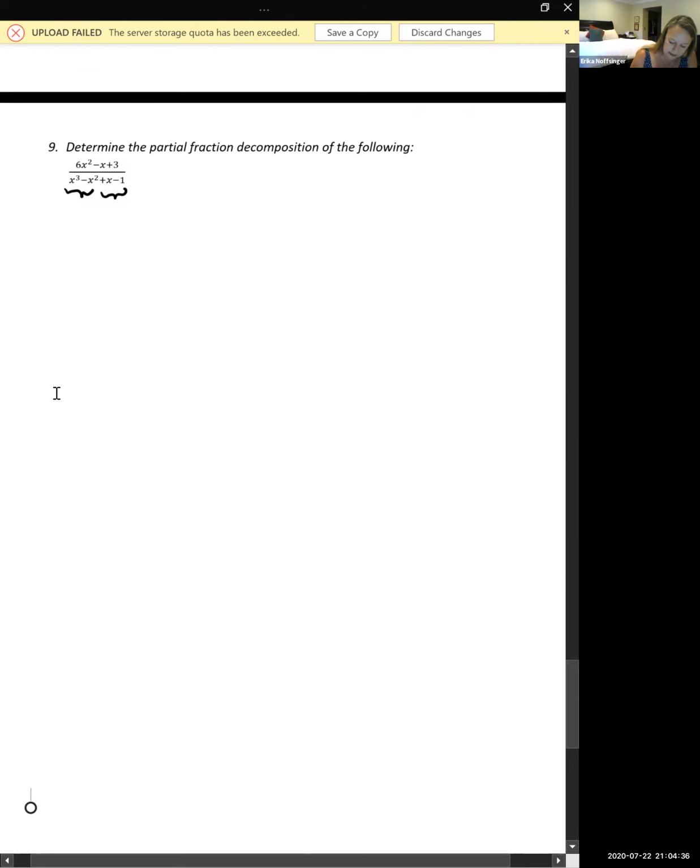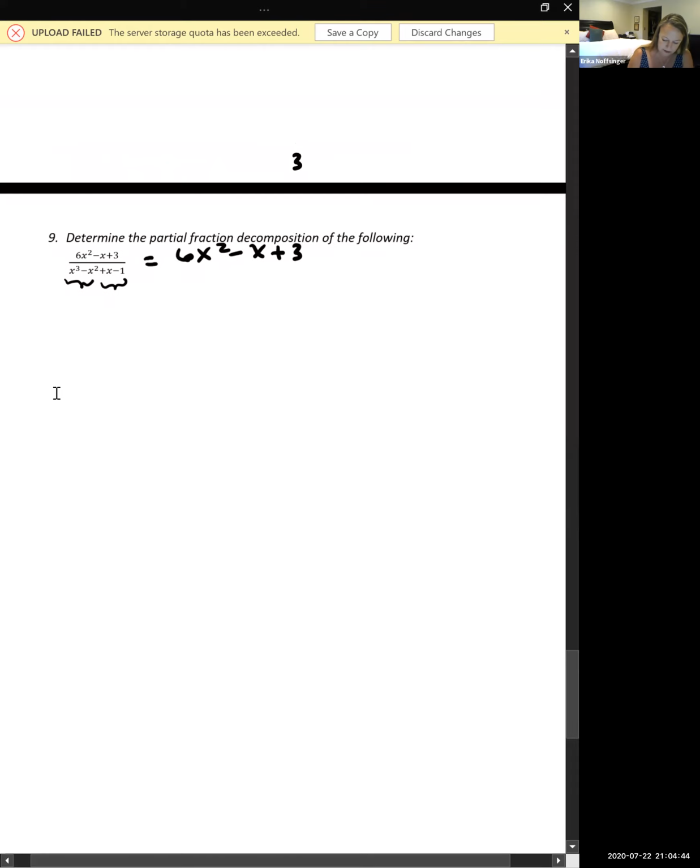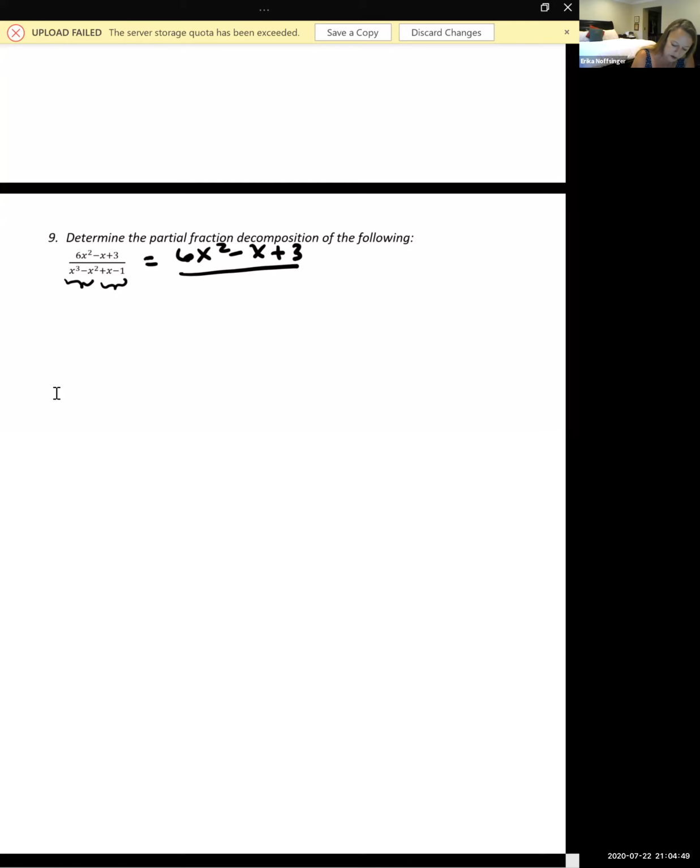Actually, maybe above, I'll do that factoring by grouping. So if I pull out an x squared, that would give me x minus 1.